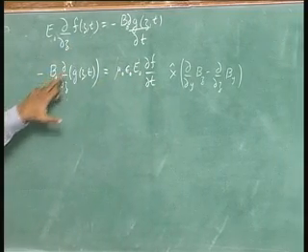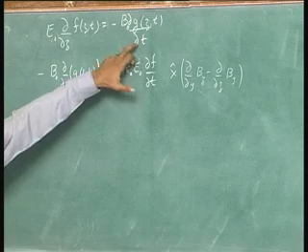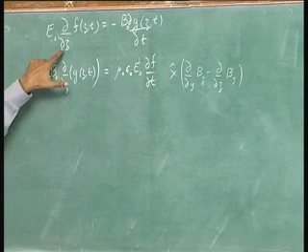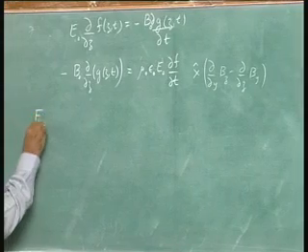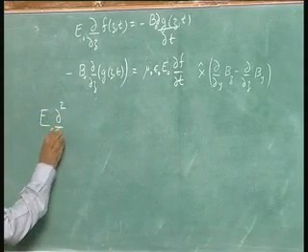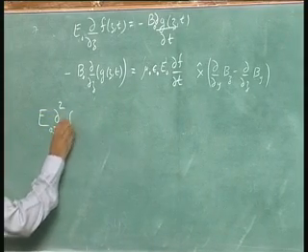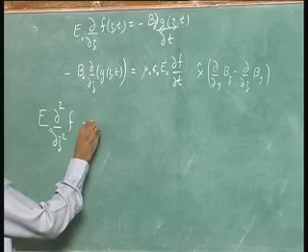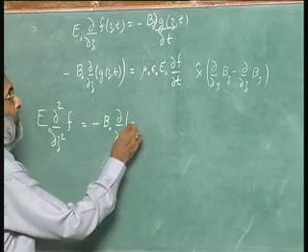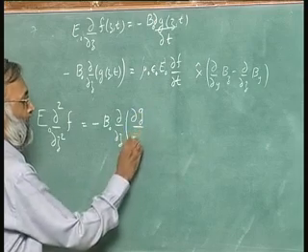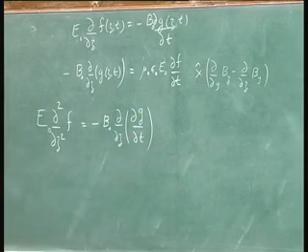I require del g/del z and I have del g/del t. So, I will take another derivative with respect to z. So, I will take E naught del squared/del z squared of f is equal to minus B naught del/del z of del g/del t.